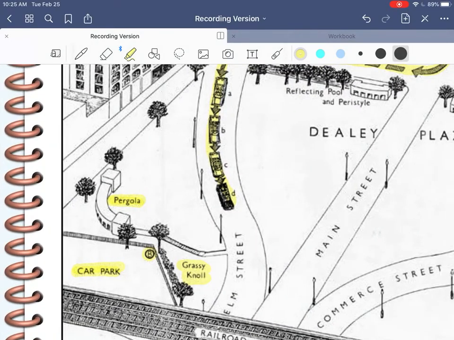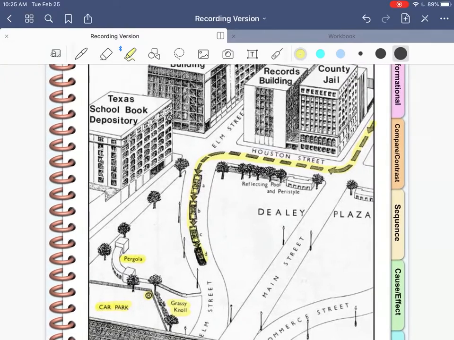So what is happening in this picture? The motorcade is coming down Main Street over here. We're picking them up as they're coming down Main Street. So essentially, let me just back off here. Here comes the motorcade, and this is around 12:30 in the afternoon.